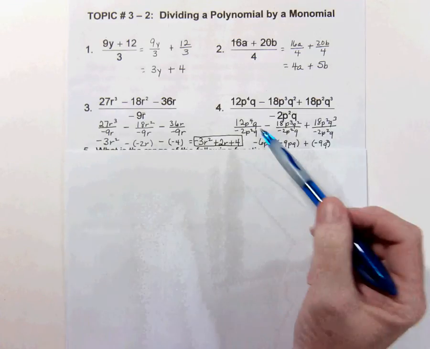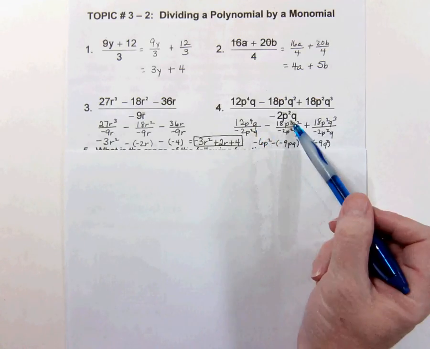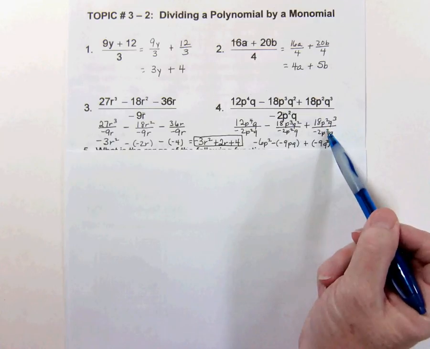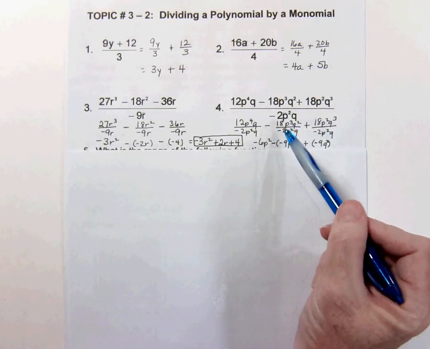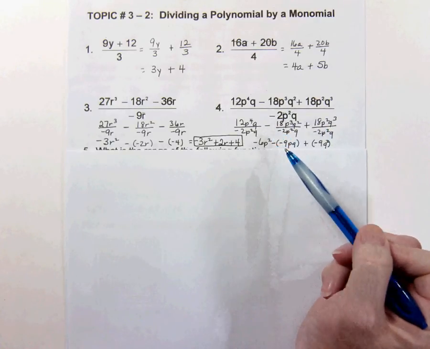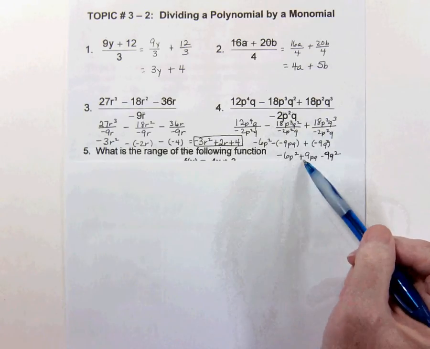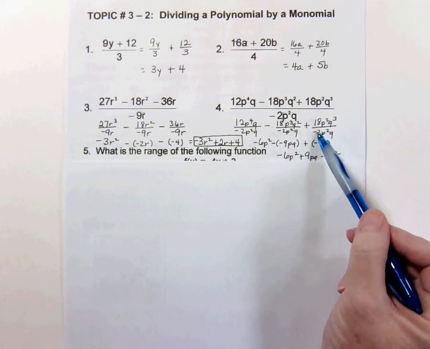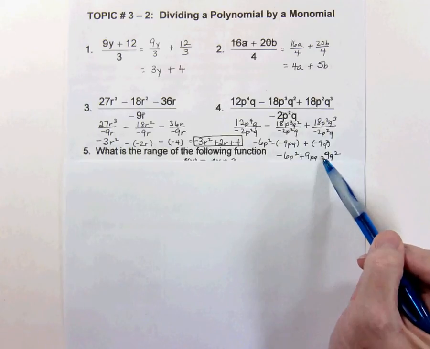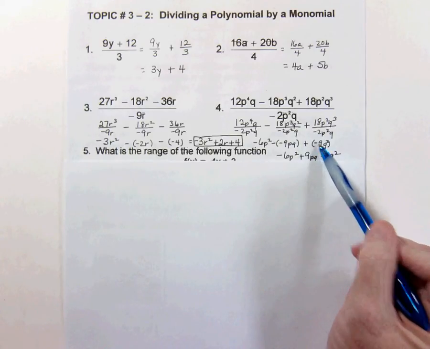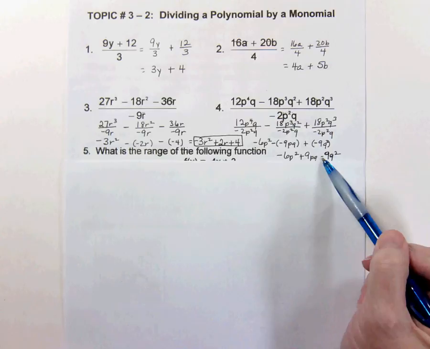So carefully dividing out each one of these, you've got to make sure you follow the integer rules. Two negatives make a positive. Where's that one? It's right there. And then this one's a positive and a negative, so that's actually going to stay a minus sign. Plus a negative is the same thing as a minus sign.